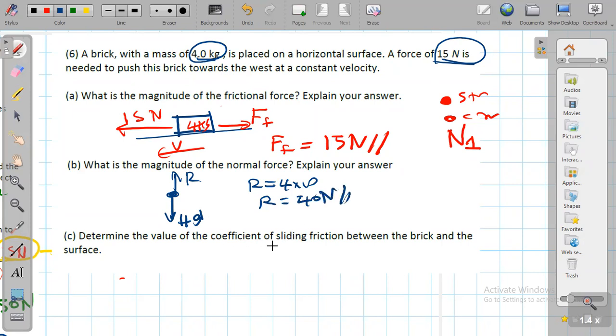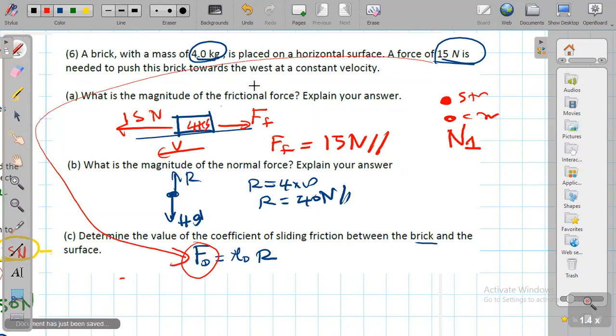Determine the value of the coefficient of sliding friction between the brick and the surface. This is a sliding friction, so F equals mu times R. You know the force: it is this 15 Newton, the driving force. And the reaction I just found is 40 Newton. So you can easily apply this equation.